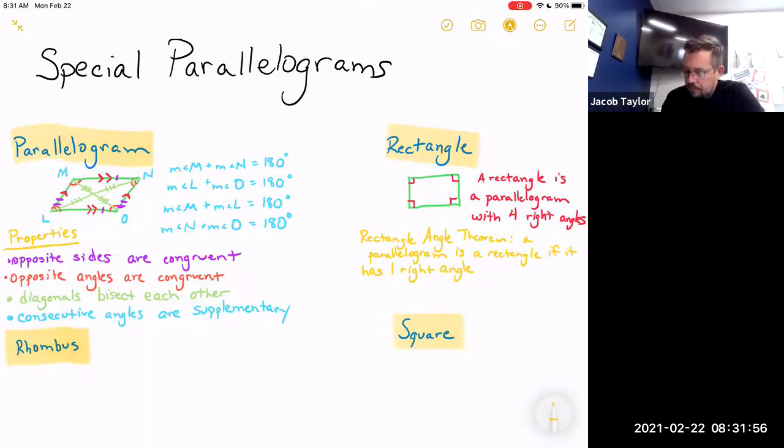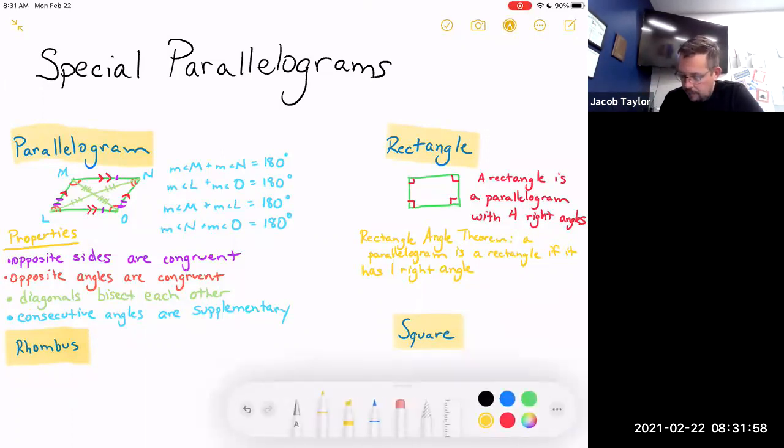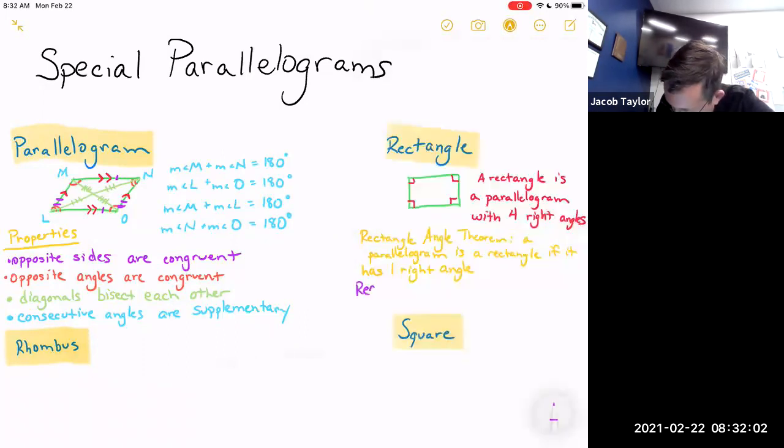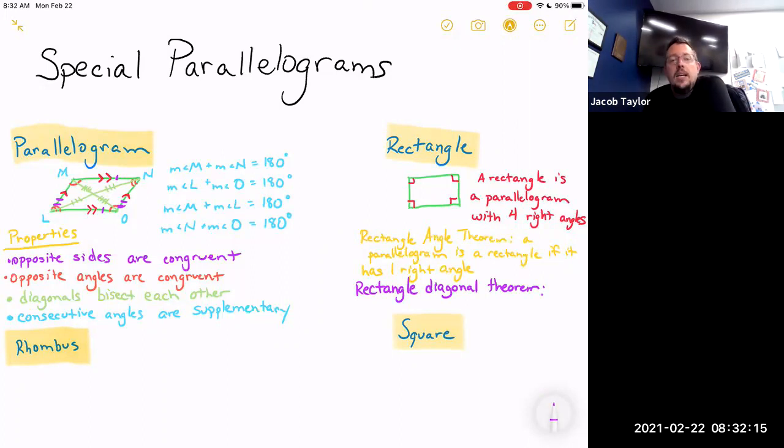A similar theorem is the rectangle diagonal theorem. The rectangle diagonal theorem says a parallelogram is a rectangle if its diagonals are congruent.